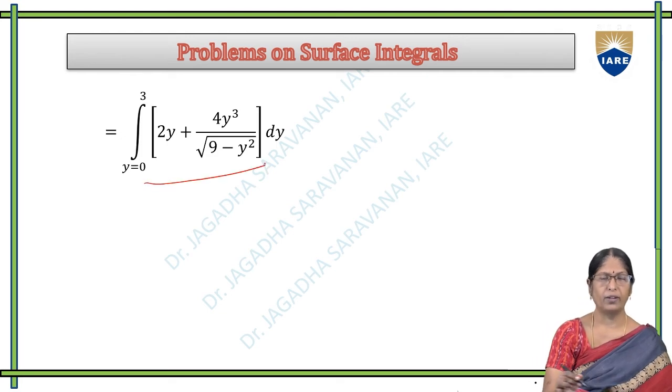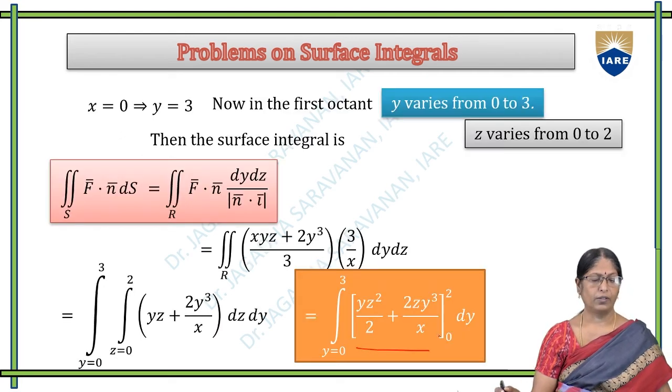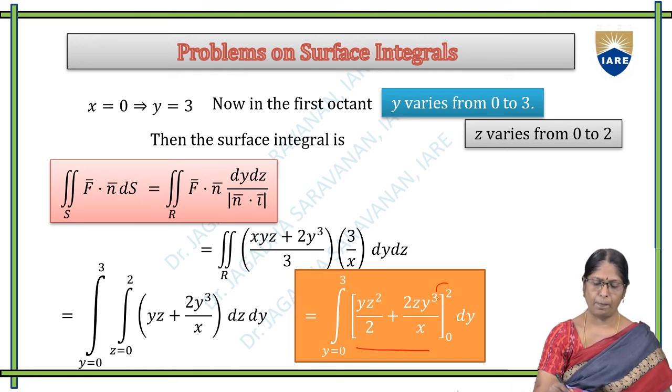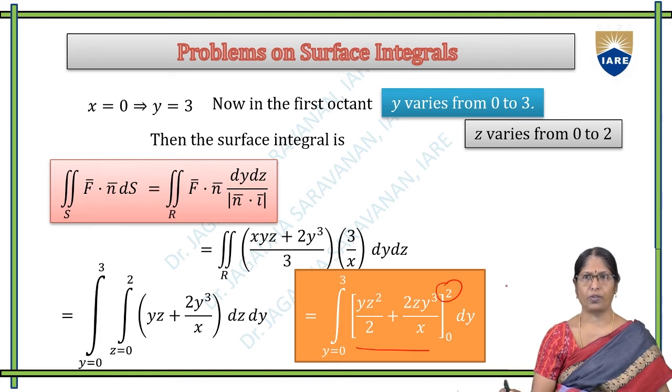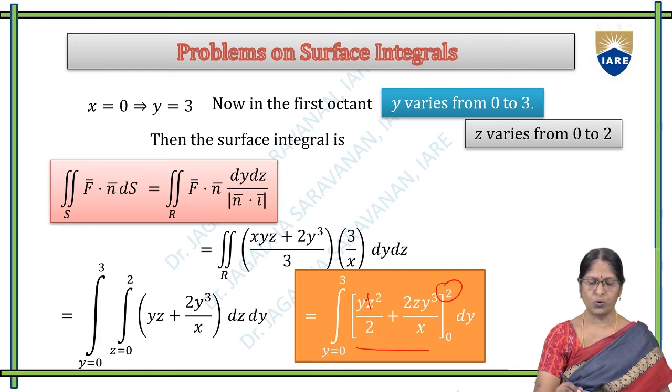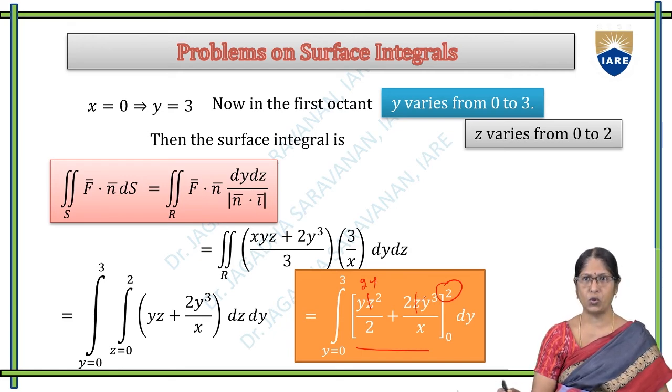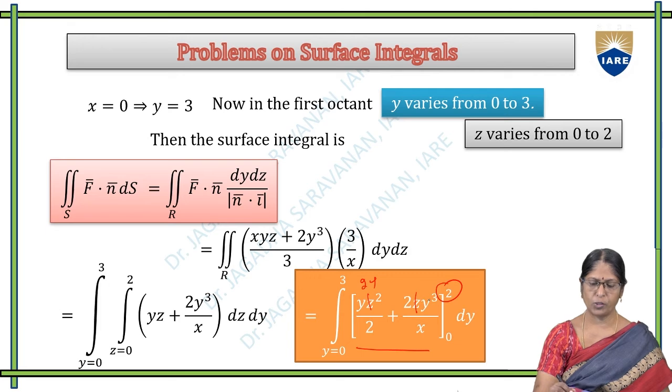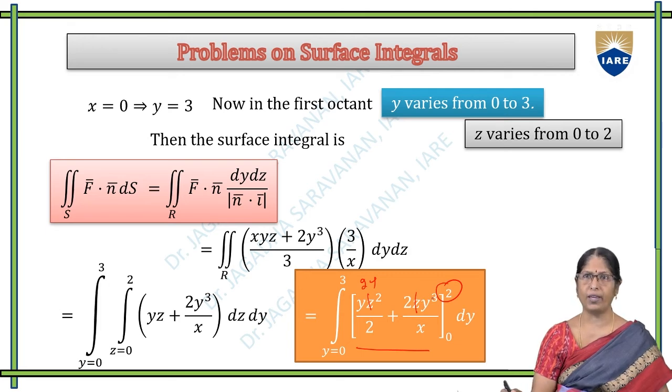So here, the first one, the interior integration, we completed. After completing, the upper limit is 2. In the place of z, we are substituting. So 4 by 2 becomes 2y, whereas here in the z place we substitute 2, so it has become 4y cube by x.